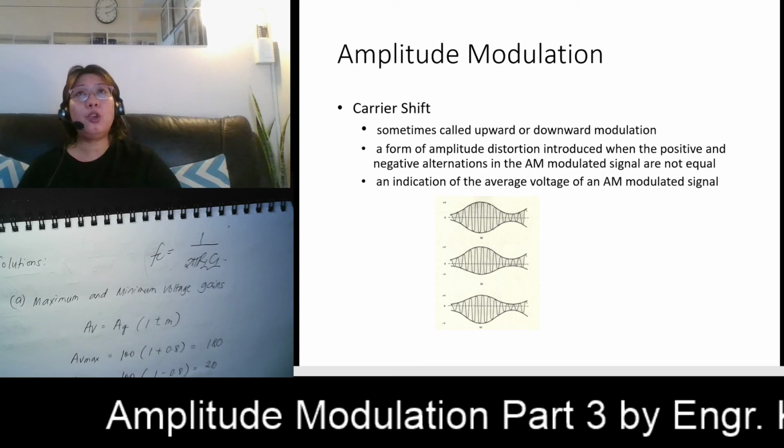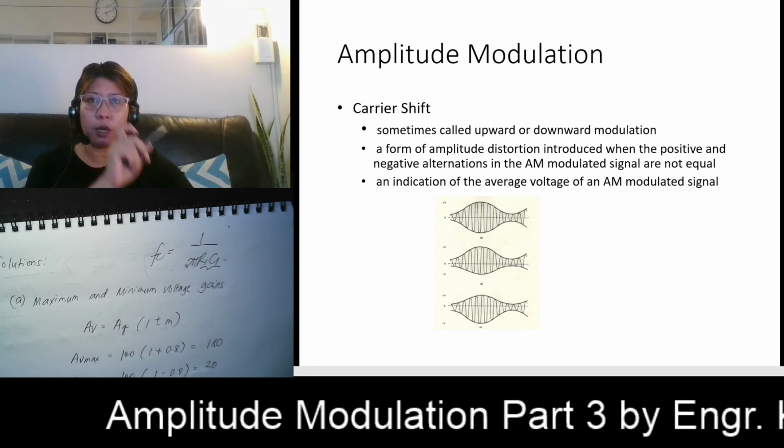You can see based on the carrier shift whether you have a symmetrical or a non-symmetrical modulation. It is said to be positive when the positive alternation has a larger amplitude, or it can be negative when the negative alternation has a larger amplitude. For figure A, this is what we call a linear modulation, wherein our average voltage is equal to 0.